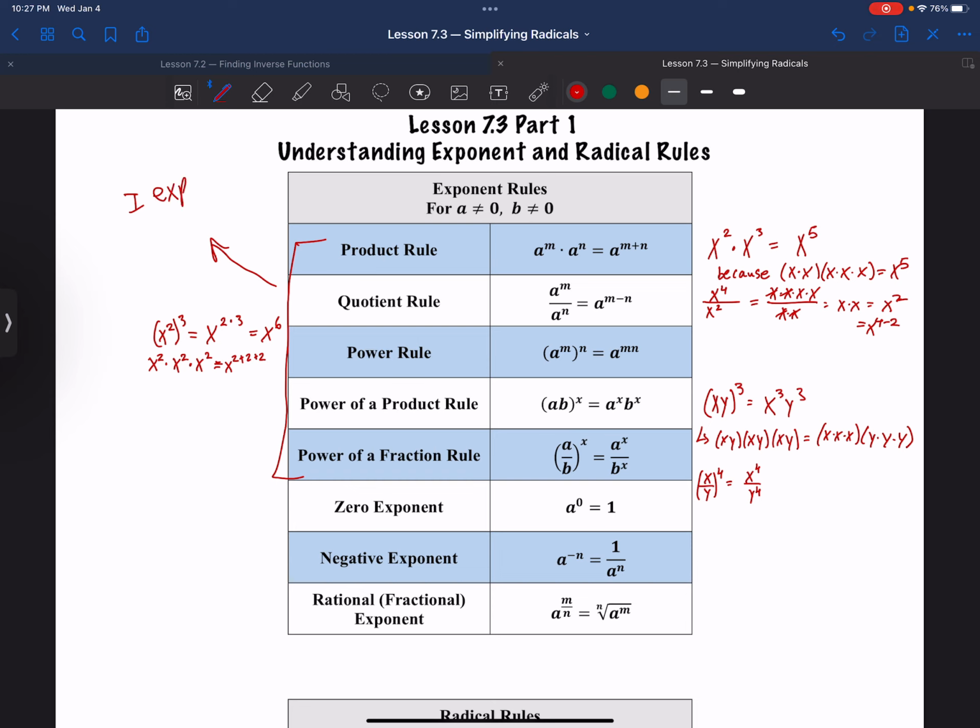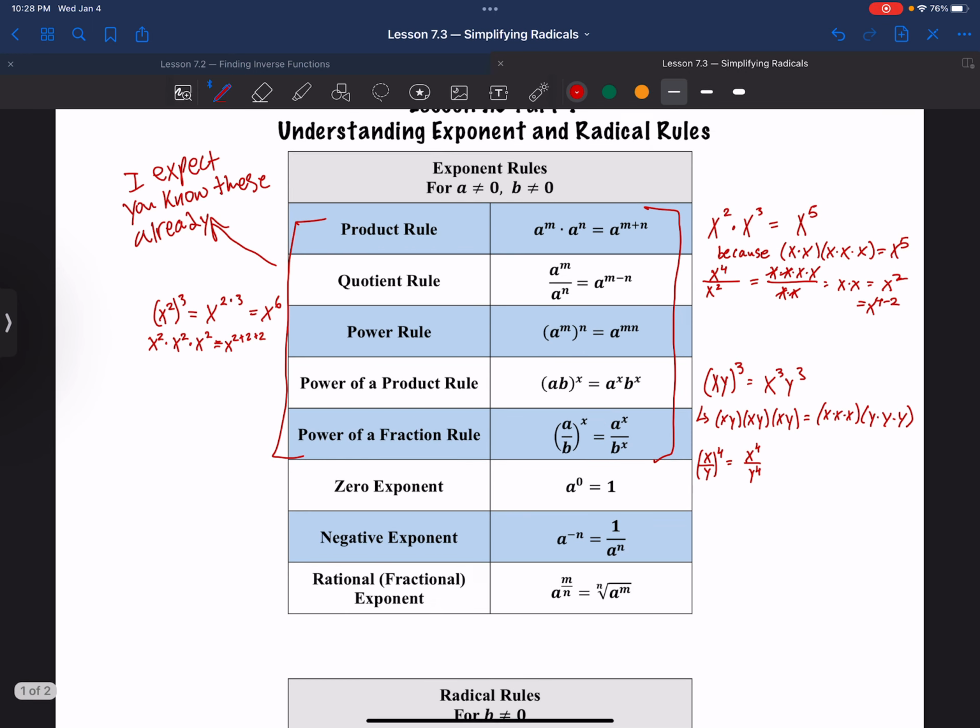I expect you know these already, because they're really more like Algebra 1 things. And maybe you know the 0 exponent one, but I don't know. Some Algebra 1 teachers, when they have to make choices, if I'm strict on time, should I cut this out or not? Sometimes they don't teach that. I don't know.